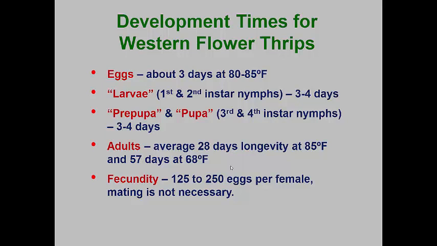The third and fourth nymphal instars, the prepupa and pupa, also take 3 to 4 days to finish development. So, in 9 to 14 days, flower thrips can complete their immature development, and the adults can live for nearly a month, during which time the females can lay nearly 200 eggs. Of course, at cooler temperatures, these developmental time periods are lengthened.